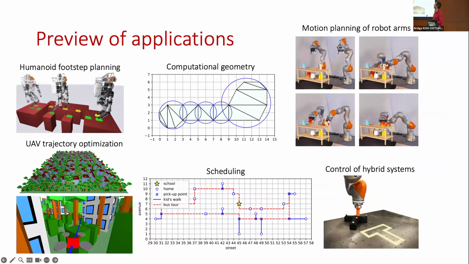Motion planning. I'm going to describe how a motion planning problem, so a trajectory optimization kind of problem, can be formulated as a GCS problem in a second, both for robot arms, and then we have also got some UAV-like problems, then controllable grid systems, but also problems in computational geometry, or scheduling, a lot of it.